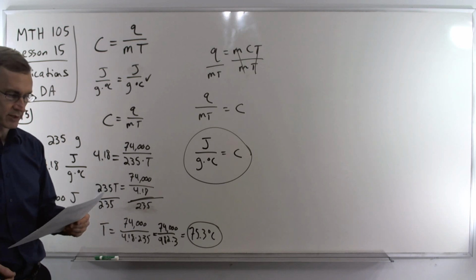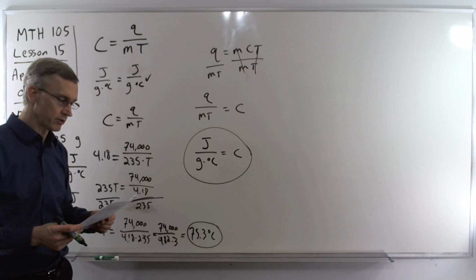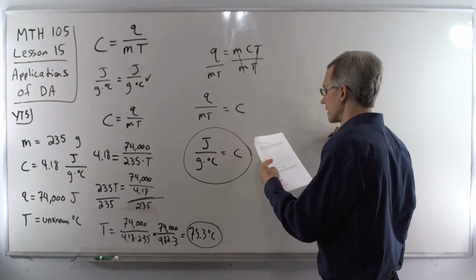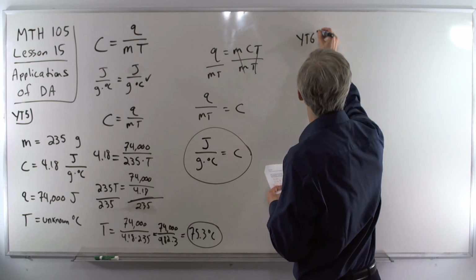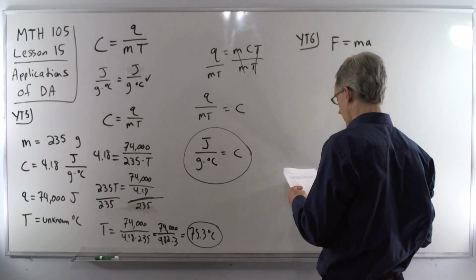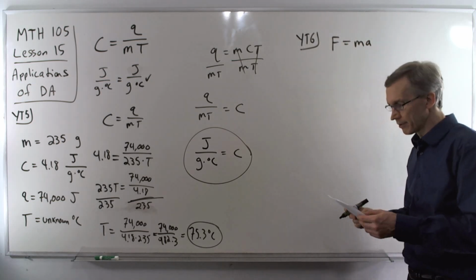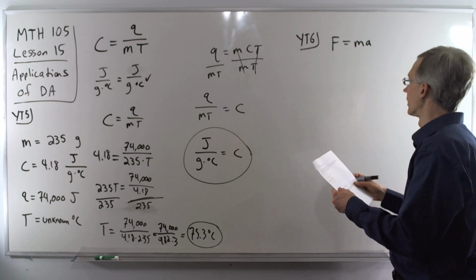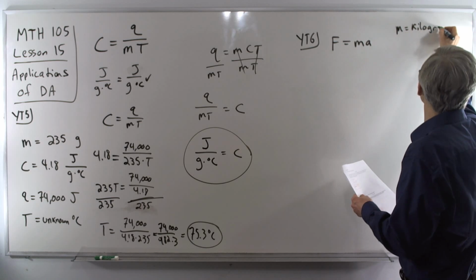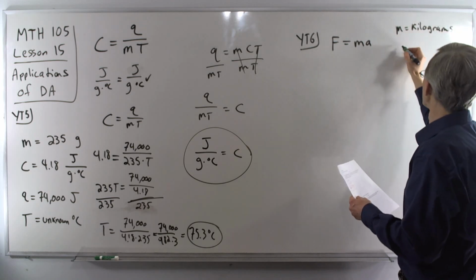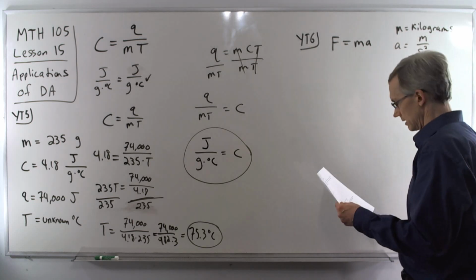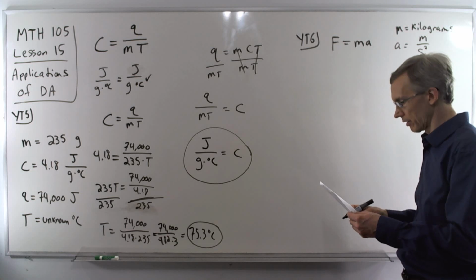Your turn number 6. There's a famous equation from physics, Newton's second law of motion. F equals ma. Force equals mass times acceleration. And we're given that the mass is measured in kilograms and the acceleration is meters per second squared.